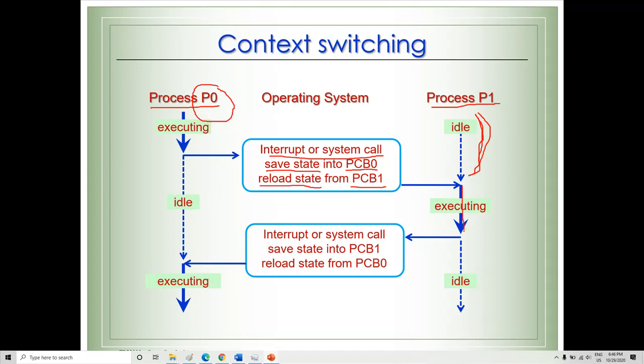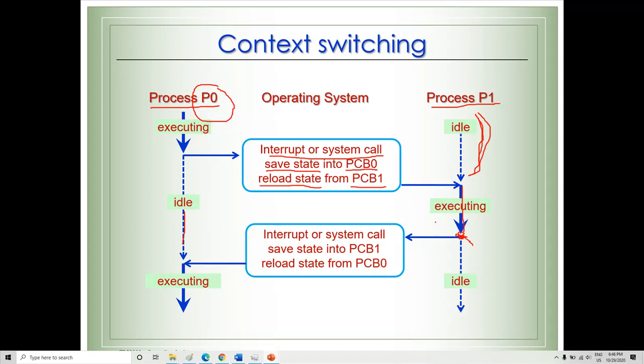So, now process 1 is running. While process 1 is running, the other process is not running, it's in the ready state, it's waiting for the CPU. And now let us say context switching takes place.